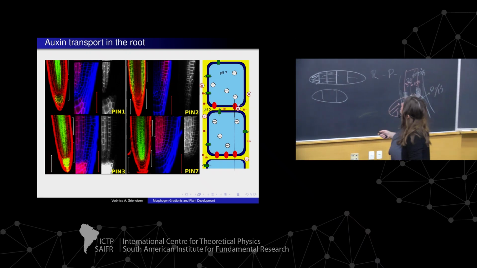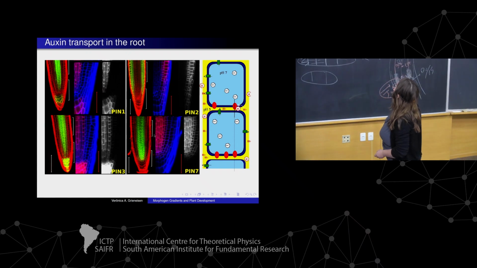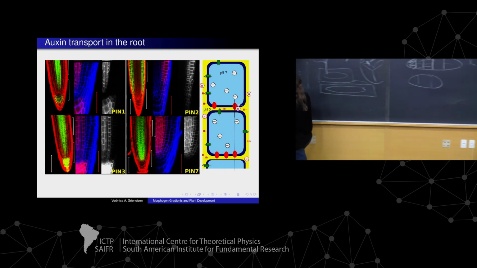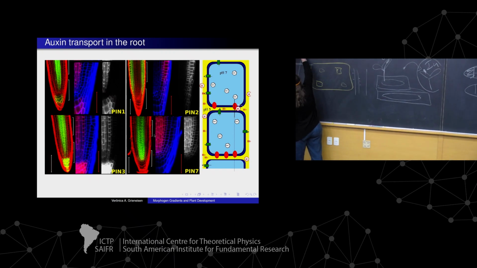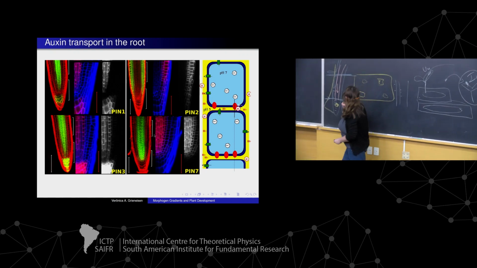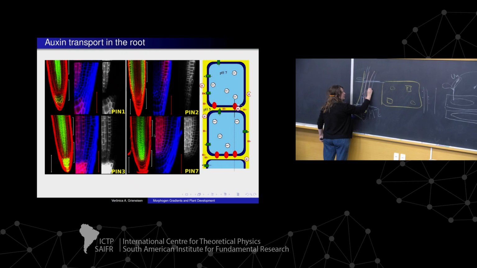Now, the cool thing is that these pumps, they're located polarly. So for example, if we're looking inside the root, in this middle part, all of them are facing downwards, okay? If we're looking at the external cell files, they're upwards. Here, it's sort of all over the place. We didn't really see a clear polarity.